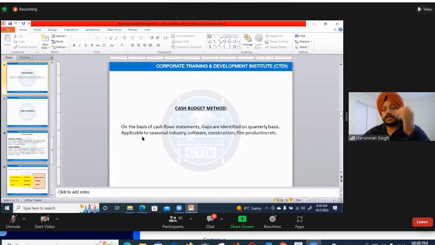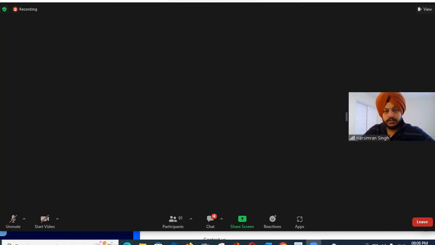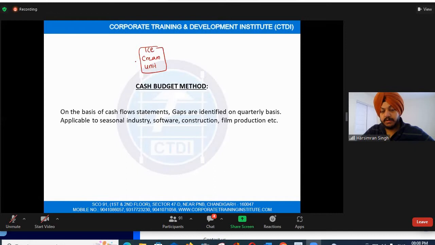Now let us say our Mr. Ajay, he opens an ice cream factory. He goes to the bank, he says, I want a 1 crore CC. Now this is a bank.